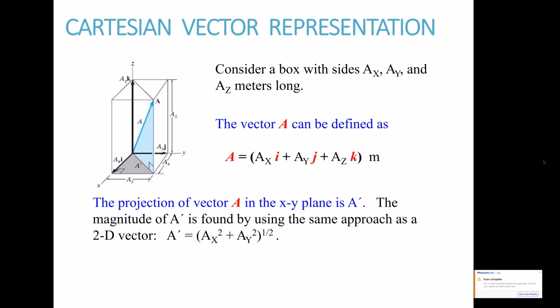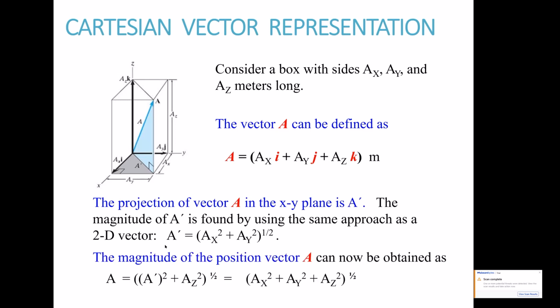And as in the past, with a 2D vector, to find the magnitude of the vector we could square the magnitudes of the individual components, add them, and take the square root, and we have that magnitude.